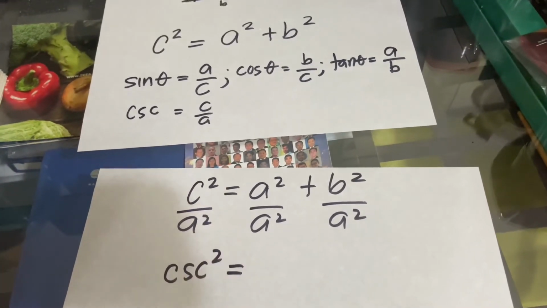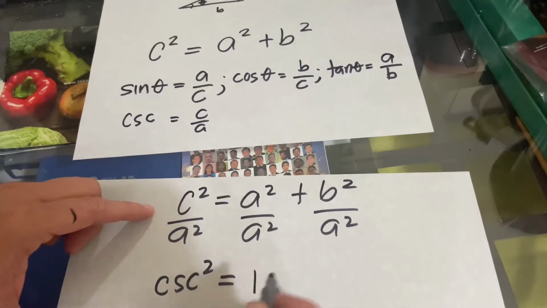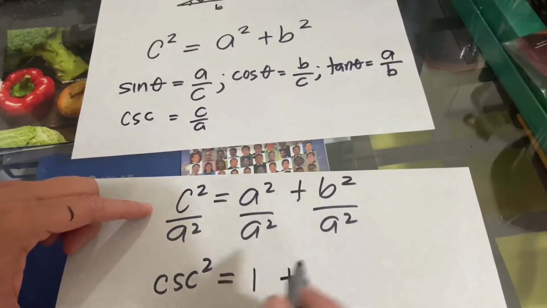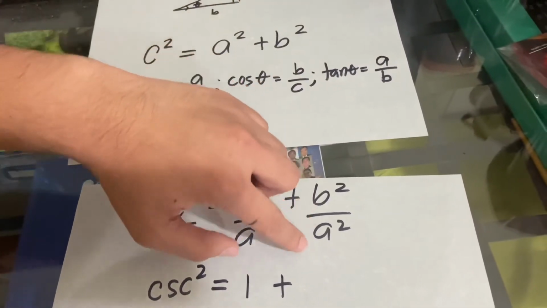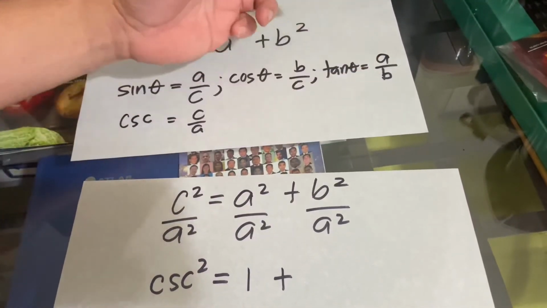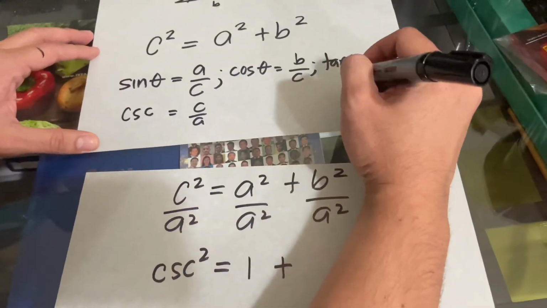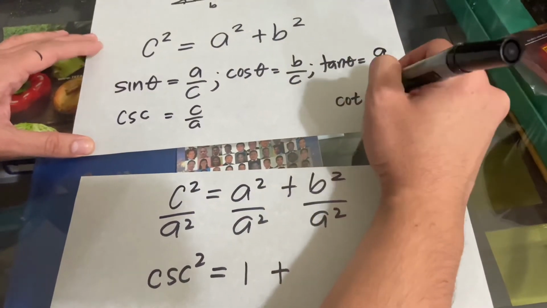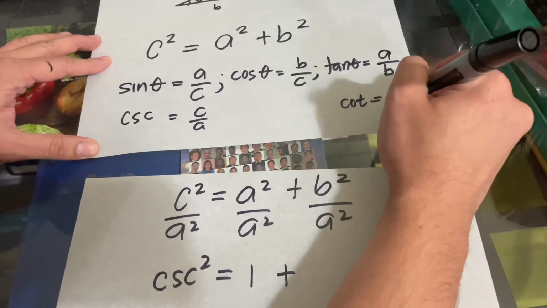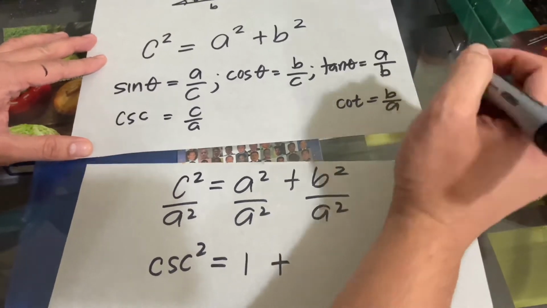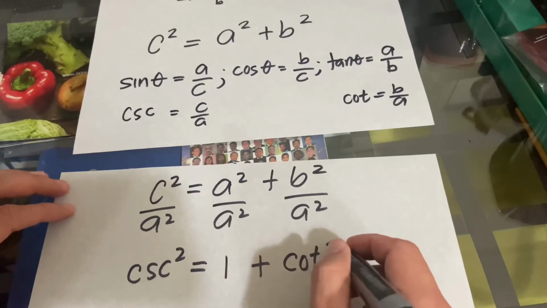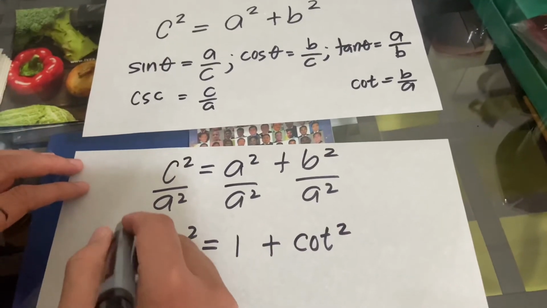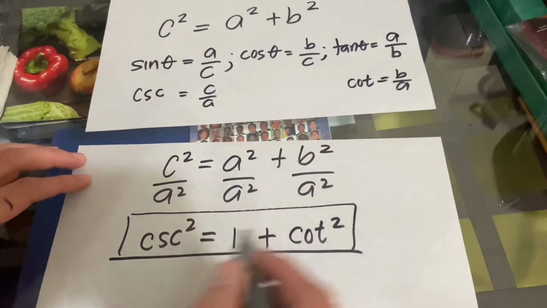is equal now to 1, right? Plus, what do we have here? B squared over a squared. That's the reciprocal of tangent. The reciprocal of tangent is cotangent, which is b over a. So you have cotangent squared. So this is another identity.